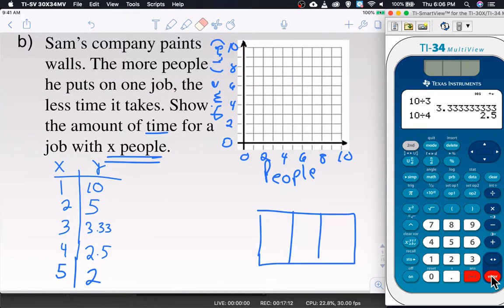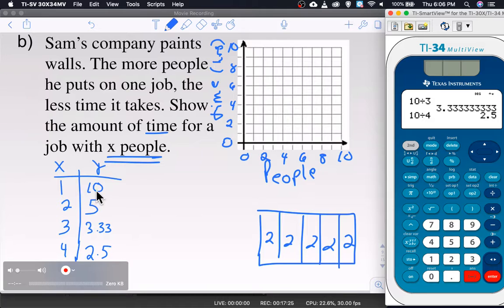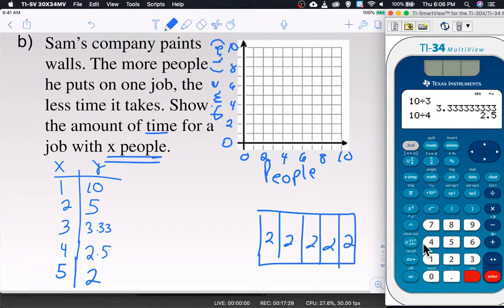So if I had 5 people and I broke this wall up into 5 chunks, 1, 2, 3, 4, 5 chunks, each person would paint for about 2 hours. That still totals up to the 10 hours total, right? 2, 4, 6, 8, 10. There's still 10 man hours there. It's just divided among more people. Now, why do we do this?